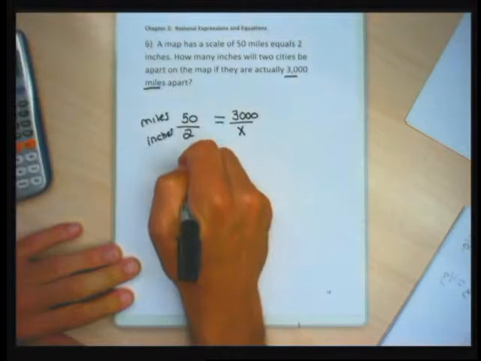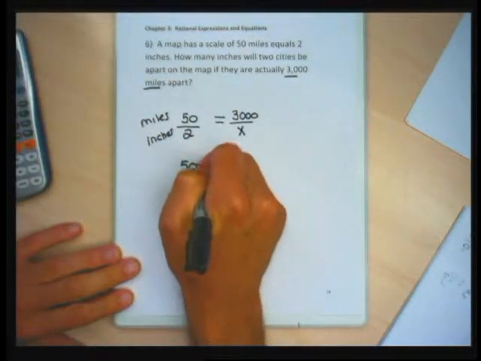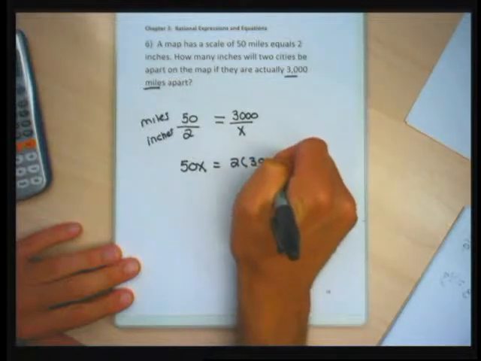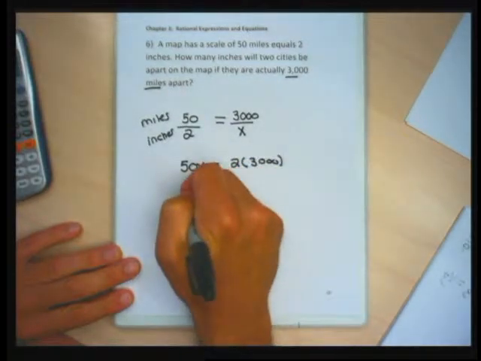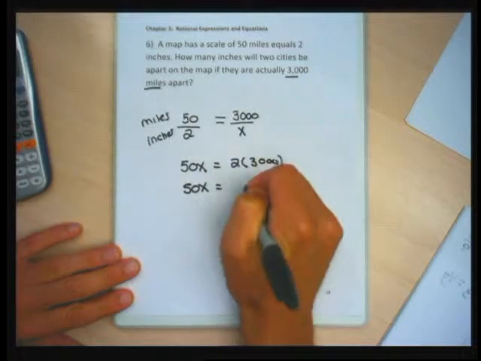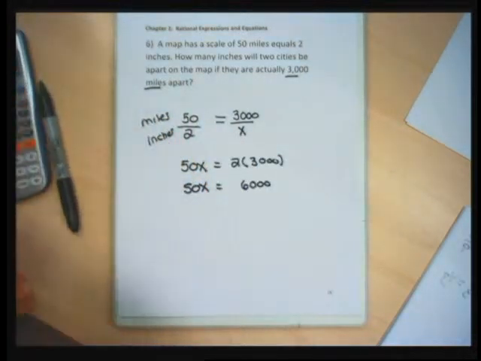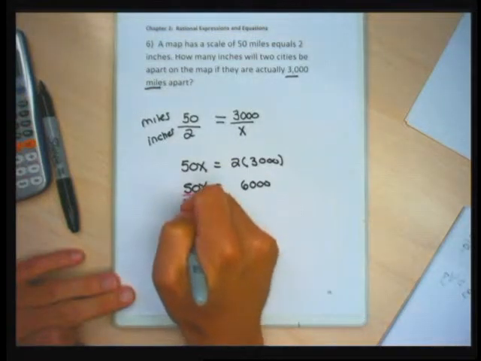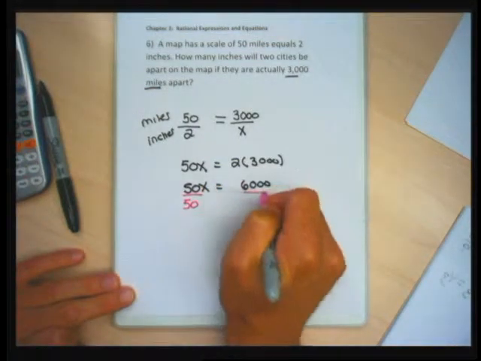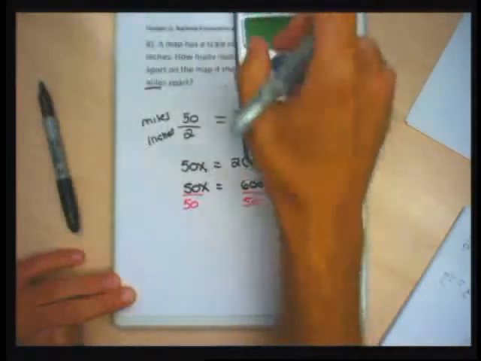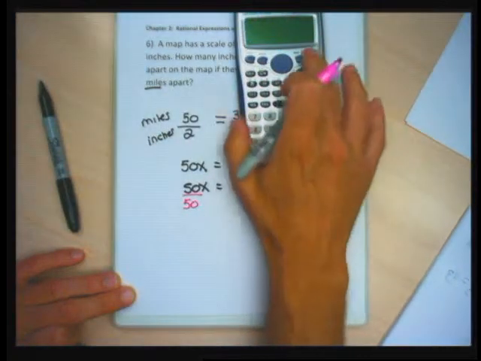I'm going to cross multiply down and up. When I do that, I get 50x equals 6,000. So apparently this is going to be a really large map. I'm going to divide by 50. Pull out my calculator to do that, which I think is 120, but I don't want to mess it up.